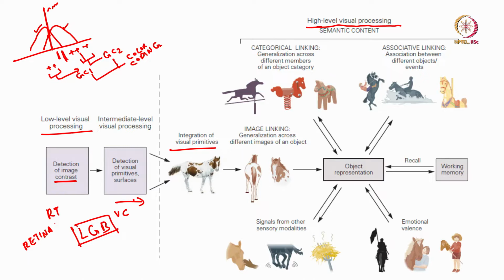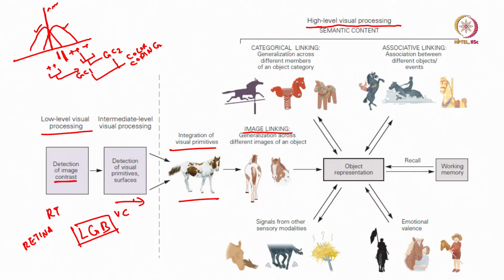The image gets on to the LGB where spatial data is integrated, because field level data is mixed specifically and reaches the LGB, and from there it is transferred onto the visual cortex. In the visual cortex lines are drawn, and then you have object recognition which says that there is a particular object. It can be linked with previous objects, as we have a vast storage of these things.